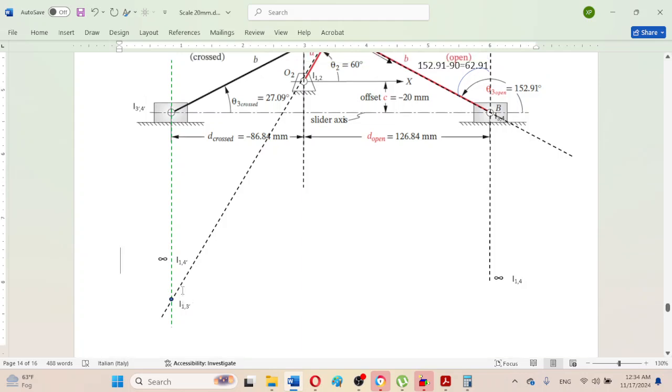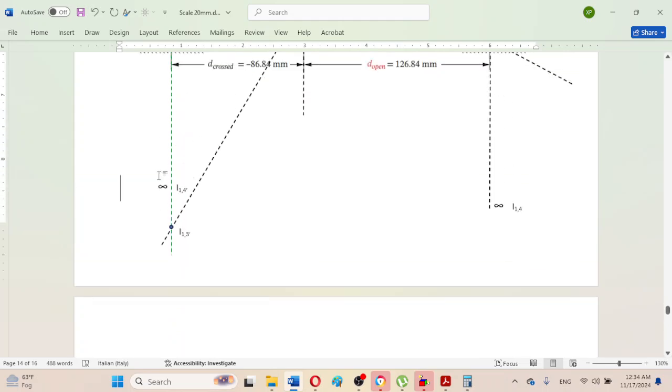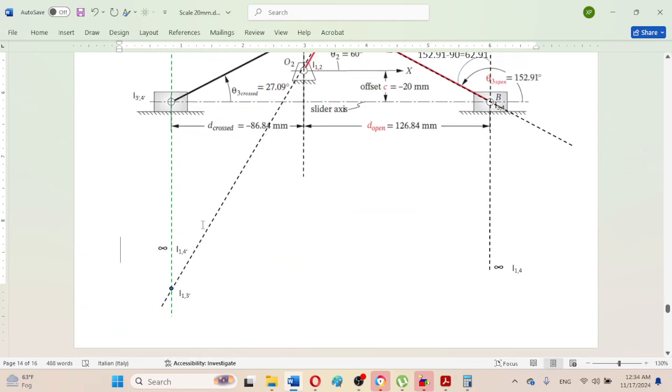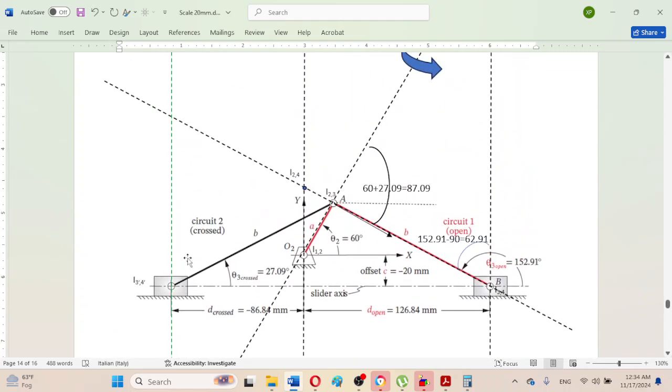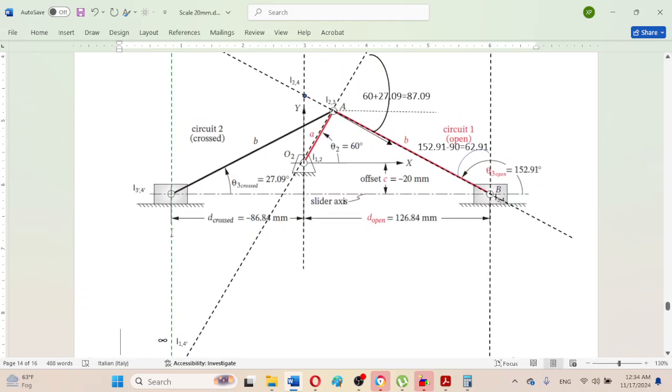For the left circuit, the instant center is below here. So this is the difference. So this fifth instant center has been located for this left circuit.